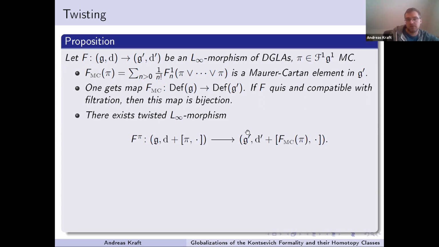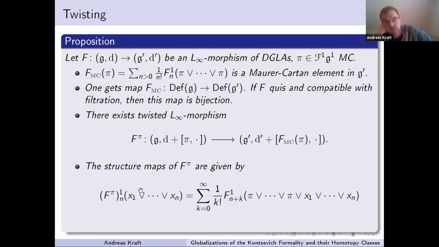Okay, and we saw that we can twist the DGLAs by Maurer-Cartan elements, so we can twist this by pi and this by f of pi, and there exists also some twisted L-infinity morphism. And we saw L-infinity morphisms are determined by their structure maps, so this is also determined by structure maps, and they are quite easily described.